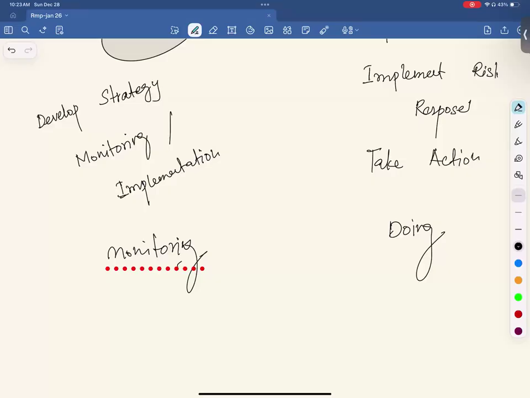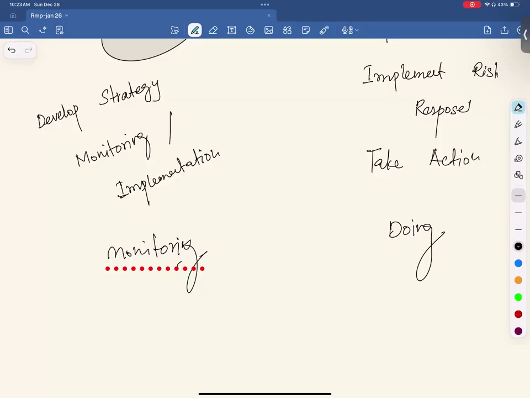So the action owner is not doing this. Okay. So Mubarak, you have chosen option C. No, by mistake, it's the risk owner.